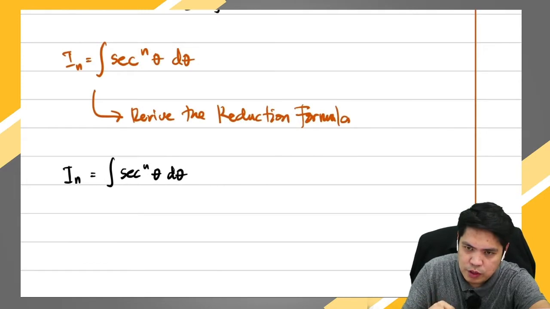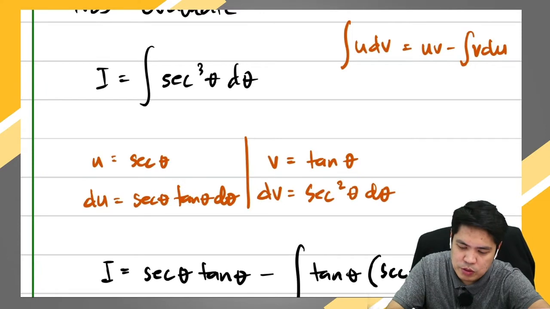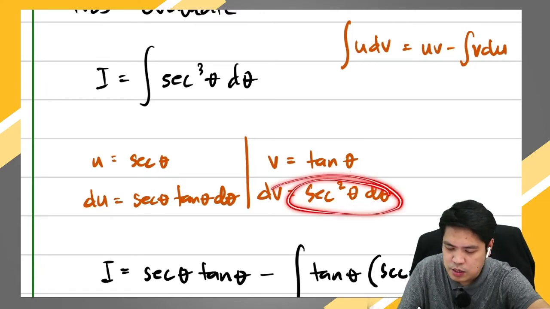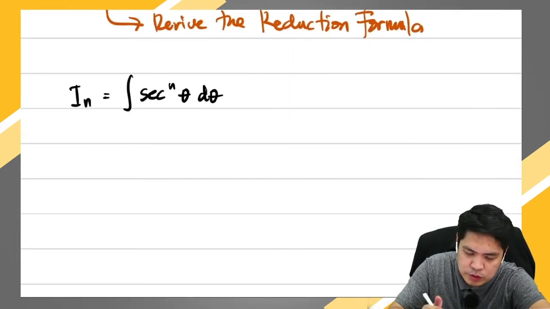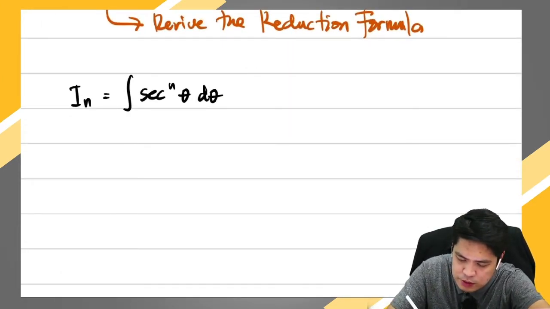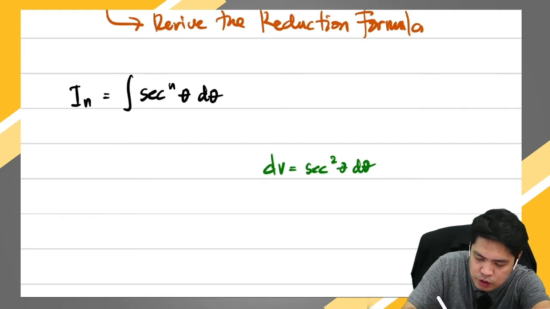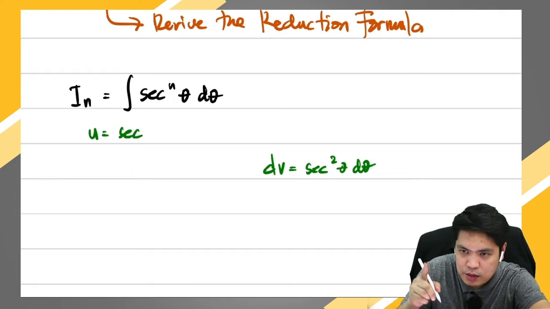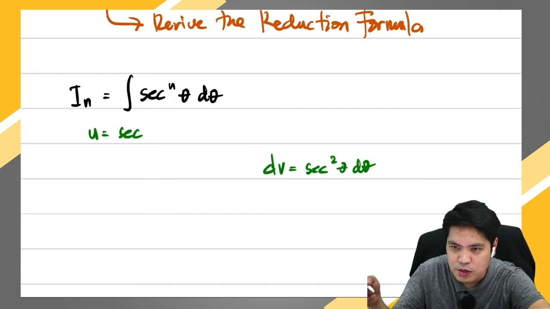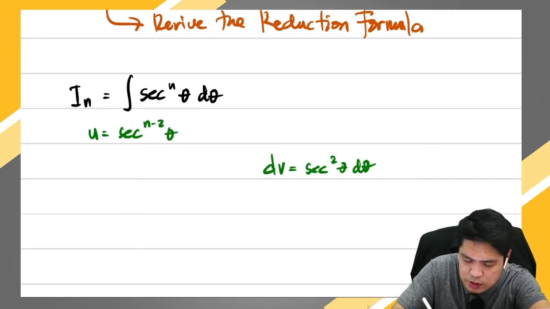So, learning from what we have done previously in this problem, we need to isolate secant squared because ito siya yung may formula para ma-integrate. Okay. So, if I let dv be equal to secant squared theta d theta, therefore yung u natin should be secant n, bawasan natin ng squared, di ba? Or secant squared. So that would be secant n minus 2 theta.